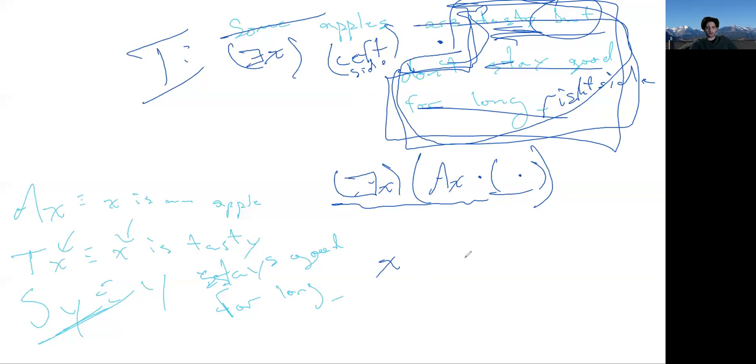Just use X for those things, right? That we get to do that because the quantifier came before. And now just tell me that they're tasty, but they don't stay good for long, right? So I'm just going to put that sub-sentence right in there.